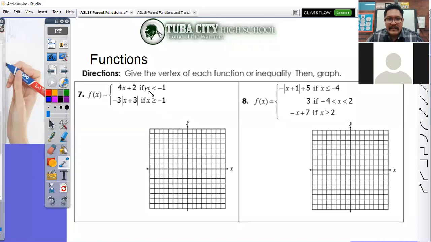For these ones, again, they're piecewise, and basically it's like there's two functions, but there's directions on where to put them. So I'm going to just draw an imaginary line because this is the directions. X is less than -1.